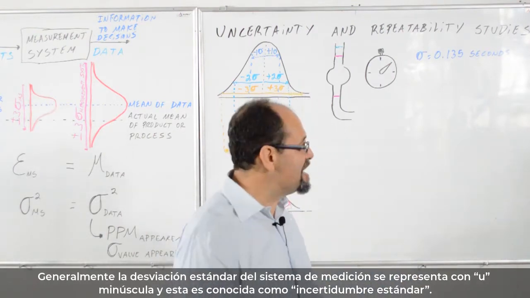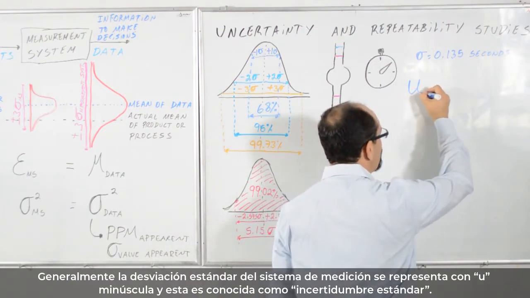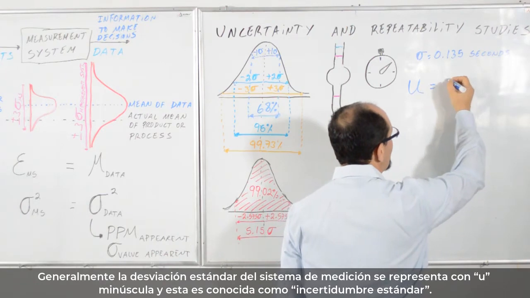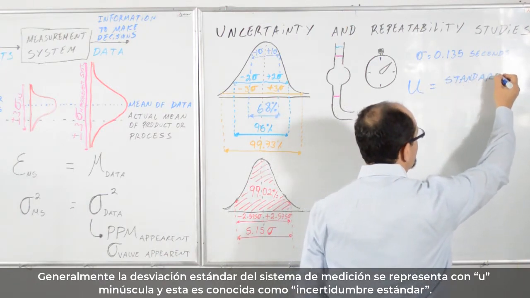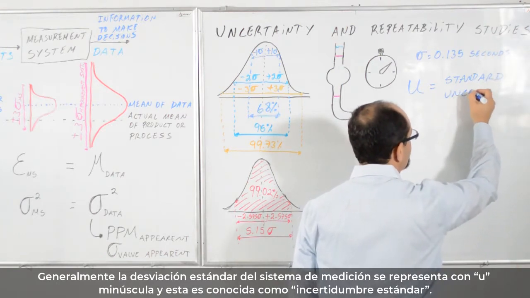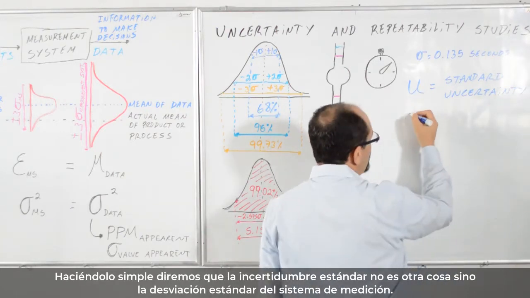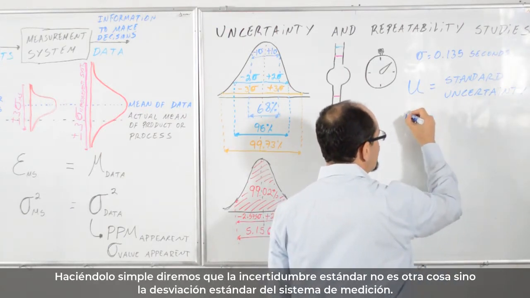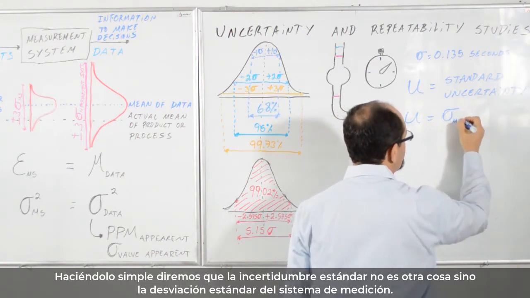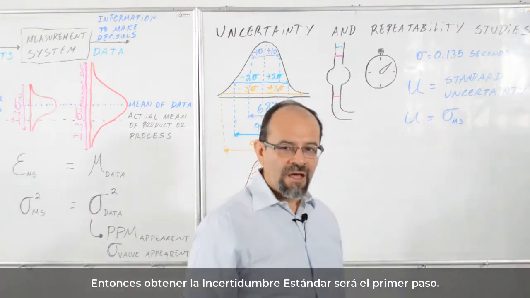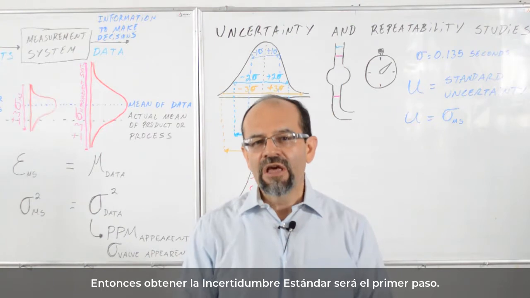Usually, the standard deviation of the measurement system is expressed as small u, and that is known as standard uncertainty. And well, let me just make it simple. The standard uncertainty is nothing else but the standard deviation of the measurement system. Well, that's the first term, which is the standard uncertainty.